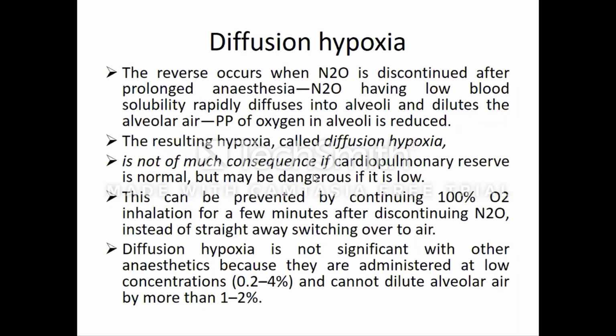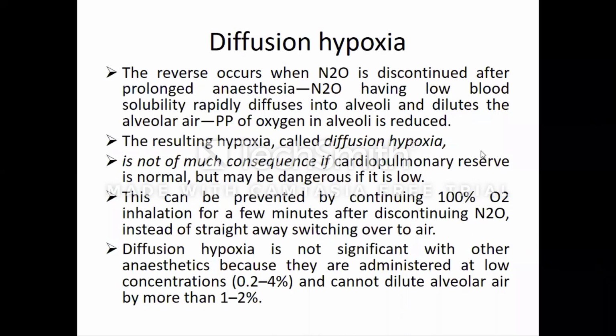It is not of much consequence if the cardiopulmonary reserves are normal, but it may be dangerous if those cardiopulmonary reserves are low. Obviously, we can prevent it by continuing 100% oxygen inhalation for a few minutes after discontinuing nitrous oxide, rather than just switching the patient to air. So don't switch the patient directly to air after discontinuing nitrous oxide.